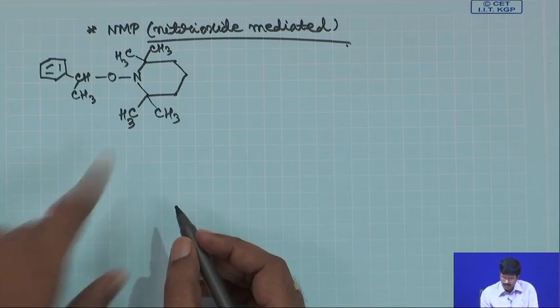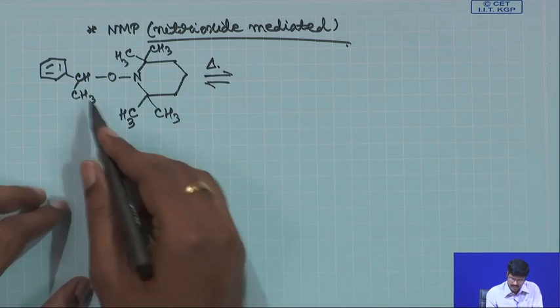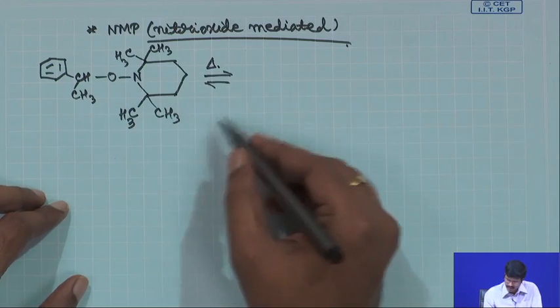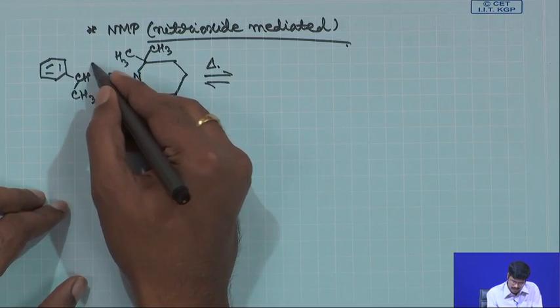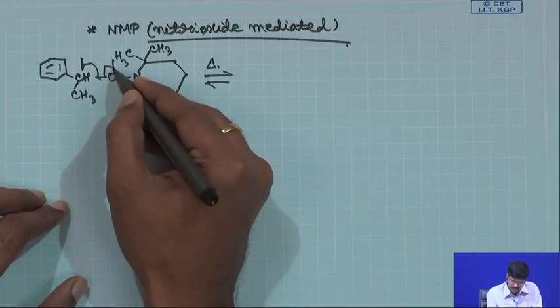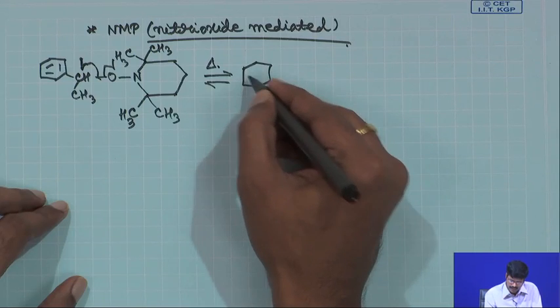So, if this material you heat up, reversibly it can break and it will create two radicals. So, it will break here. Half arrow means one electron moving. So, you will create these two radicals.